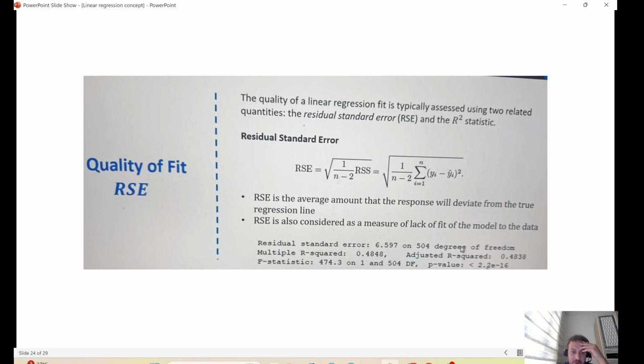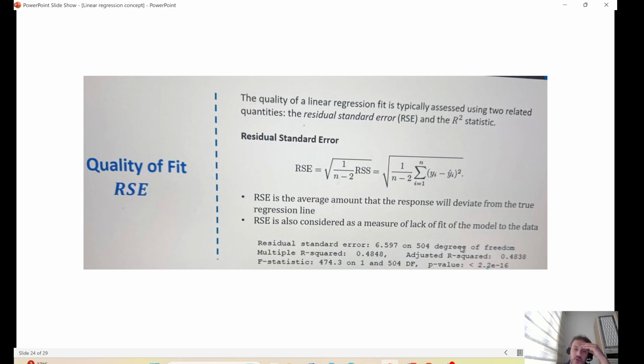And we have the quality of fit, the RSE, the residual standard error. The quality of a linear regression fit is typically assessed using two related quantities: the residual standard error and the R square. This is to check whether your linear regression fits your data or not.